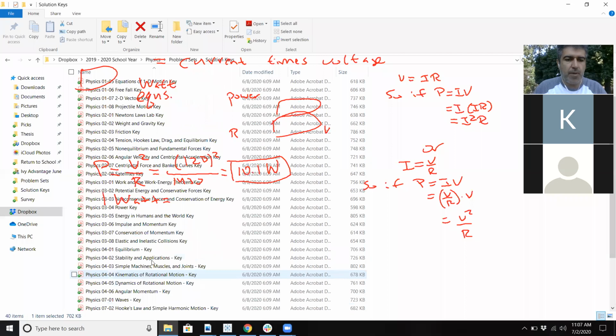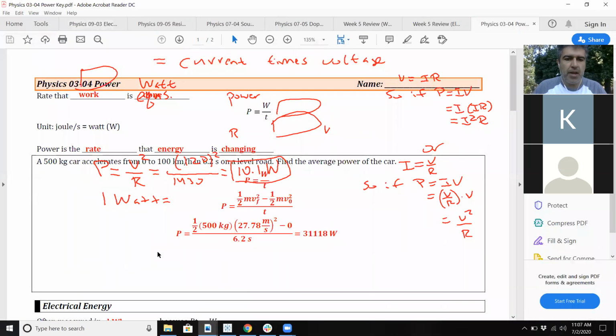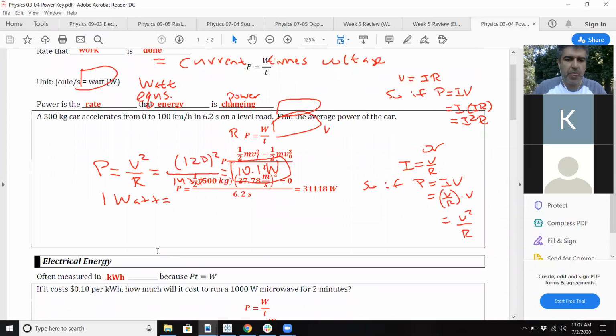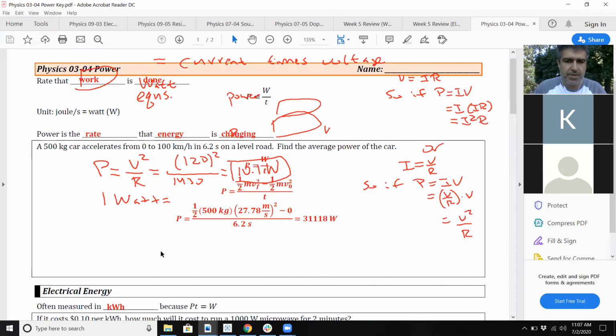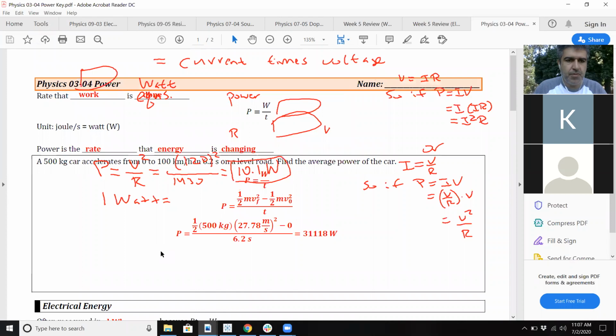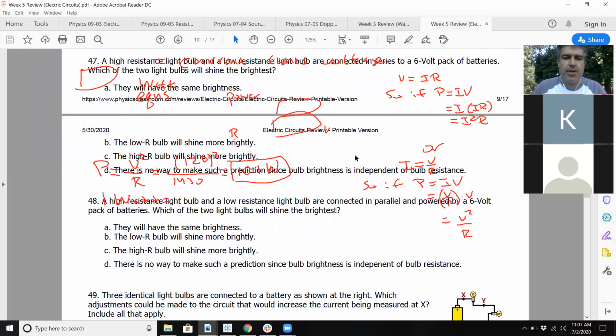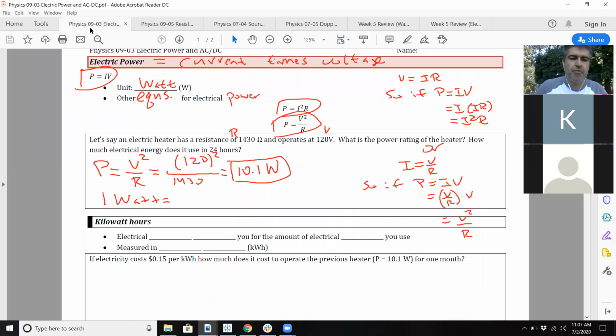If you go to chapter 3 on power, it was 3.4. It's right there. Yeah, there we go, joules per second. So 1 watt is 1 joule per second. You're trying to get energy. Energy is in joules.